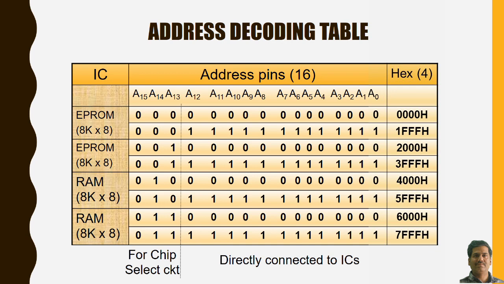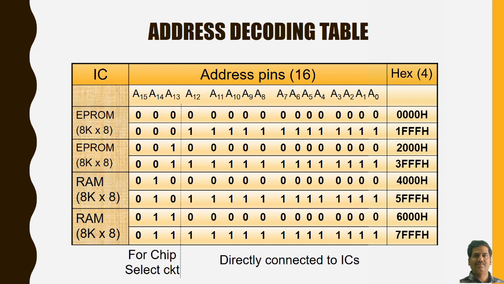The number of address lines in this particular case of EEPROMs is 13. So from A0 to A12 the address will be from 0000 to 1FFF. Now we want that the next address of the EEPROM should start from 2000, and this is because A13, A14 and A15 will be used for chip select.